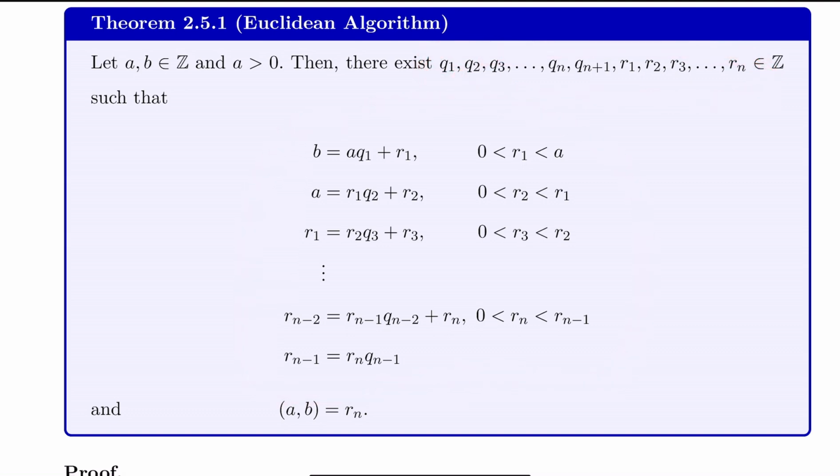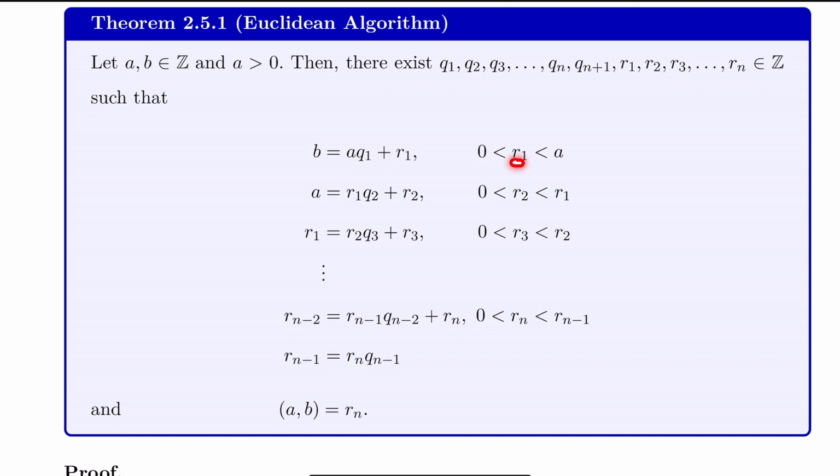Now, for the first one, what do we have right here? We're going to have b equal a q1 plus r1. These equations mean that we divide b by a, and we have the quotient q1, and the remainder is r1, so that the remainder is greater than 0 and less than a.